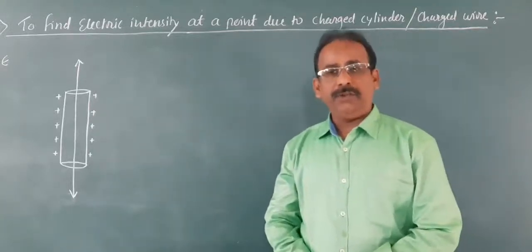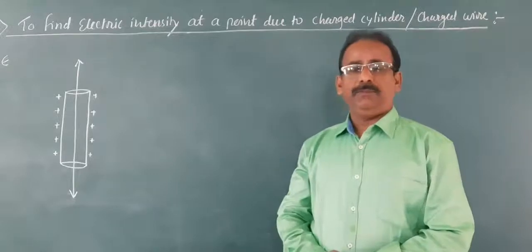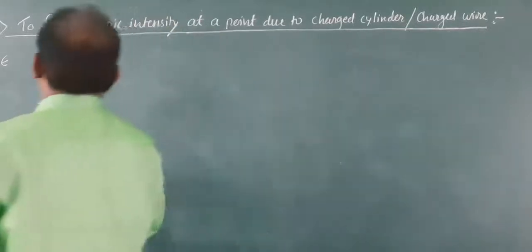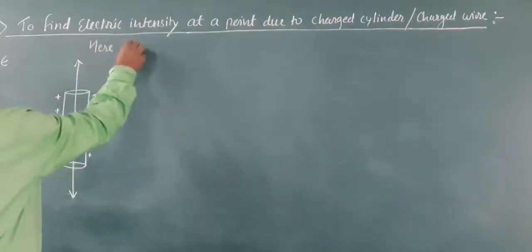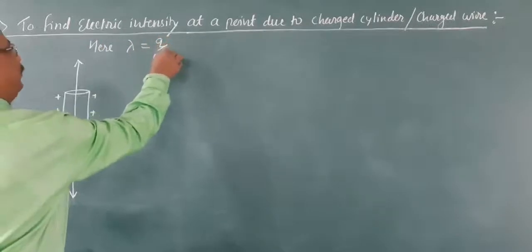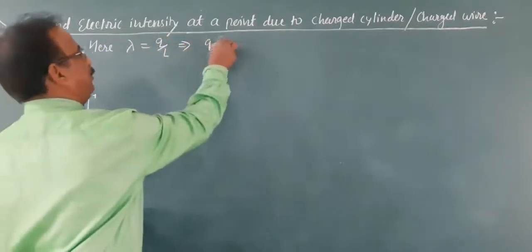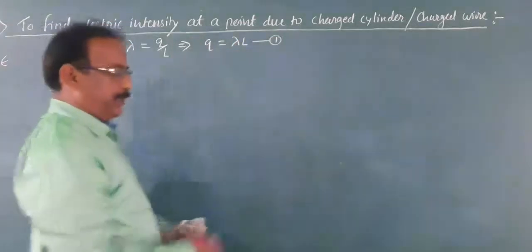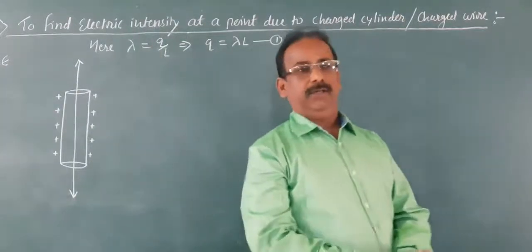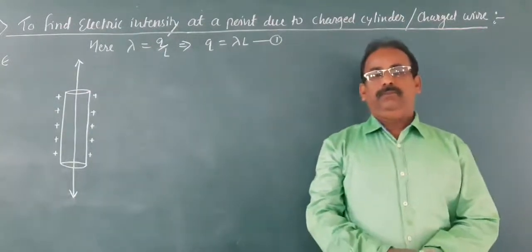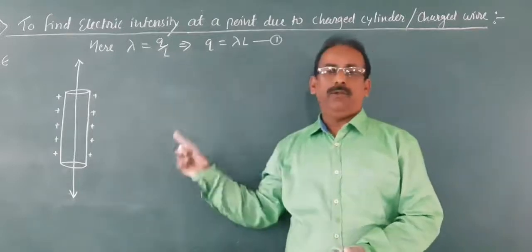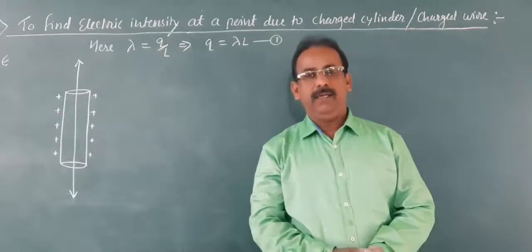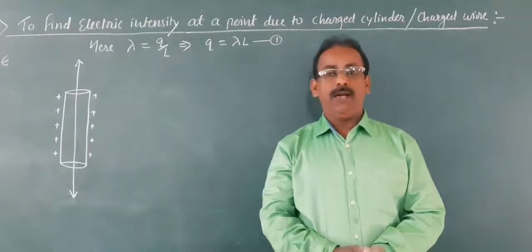The charge present in unit length is called linear charge density. If lambda is linear charge density, then lambda equals Q by L. This implies Q is equal to lambda times L. Equation 1. This is the charge present in L length on this cylinder.